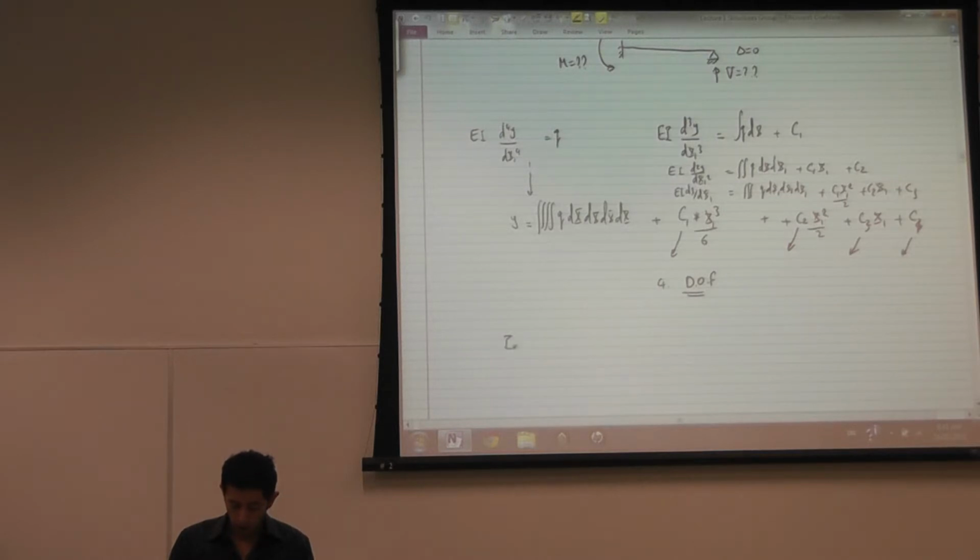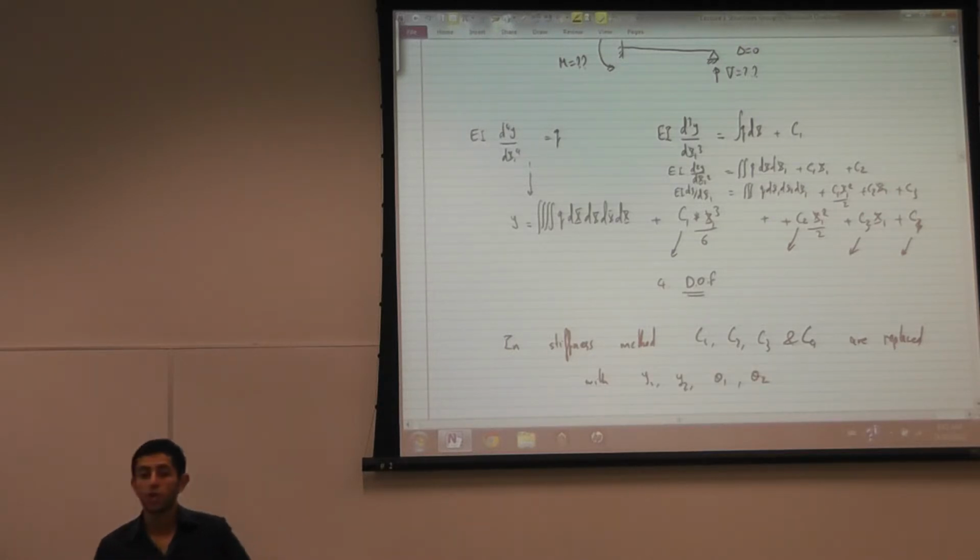In the stiffness method, C1, C2, C3, and C4 are replaced with Y1, Y2, theta 1, and theta 2, and become your degrees of freedom of the beam.